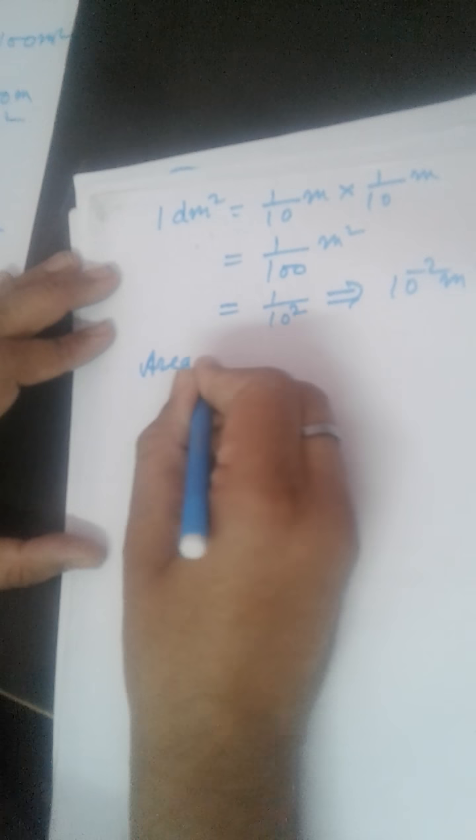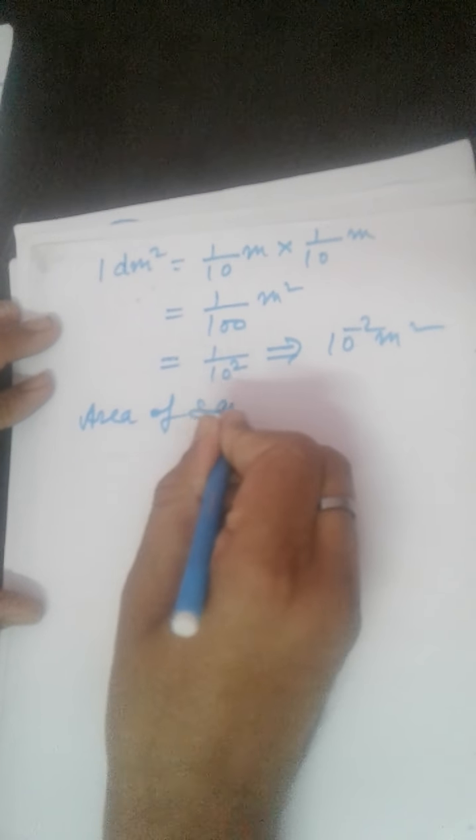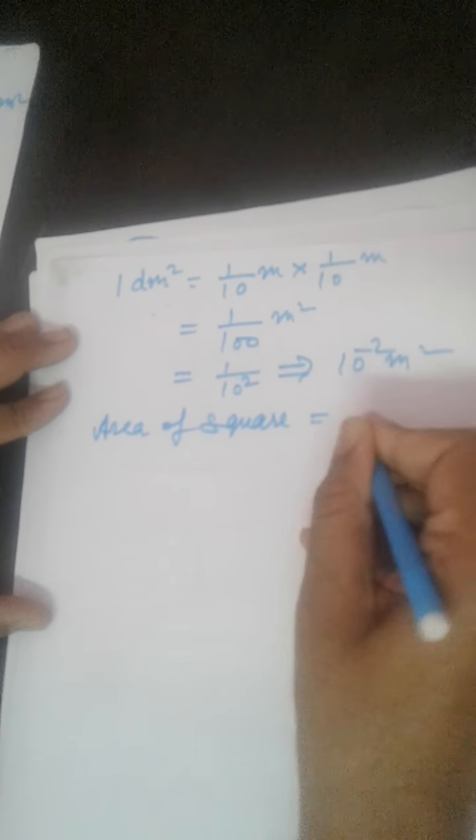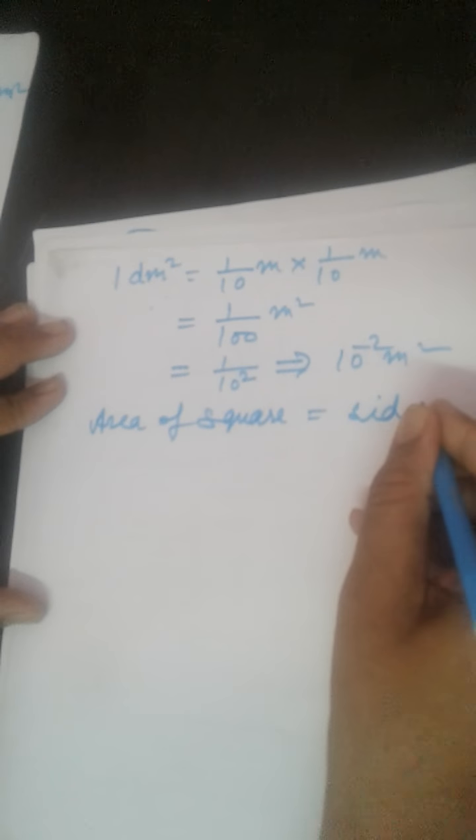Now the next point is measurement of area. Area of regular surface can be calculated by a specific formula like area of a square equals to side square.